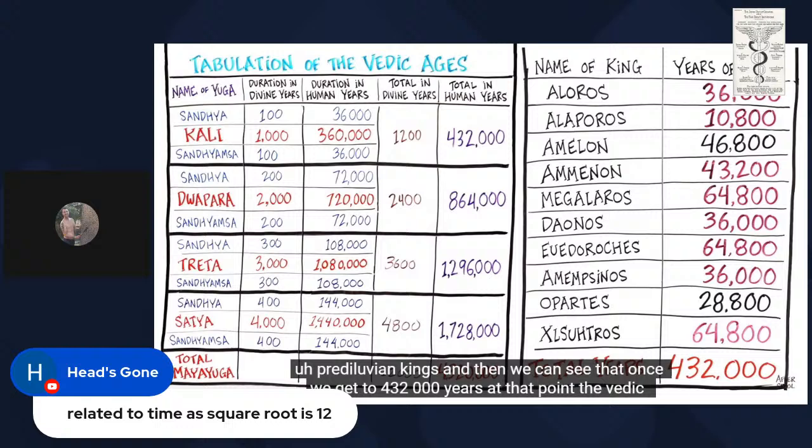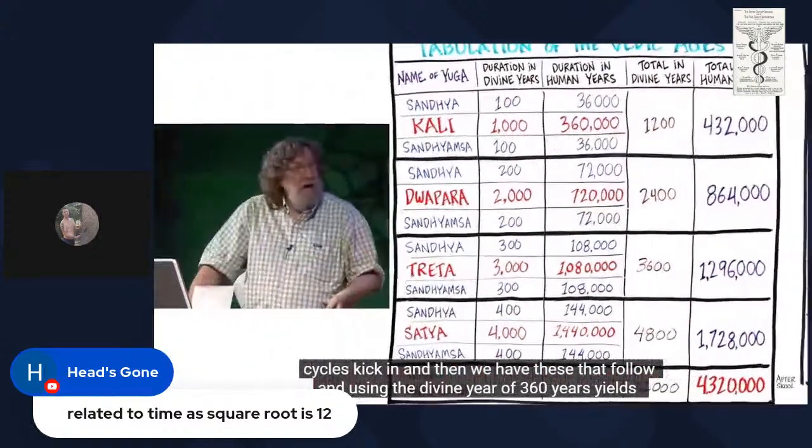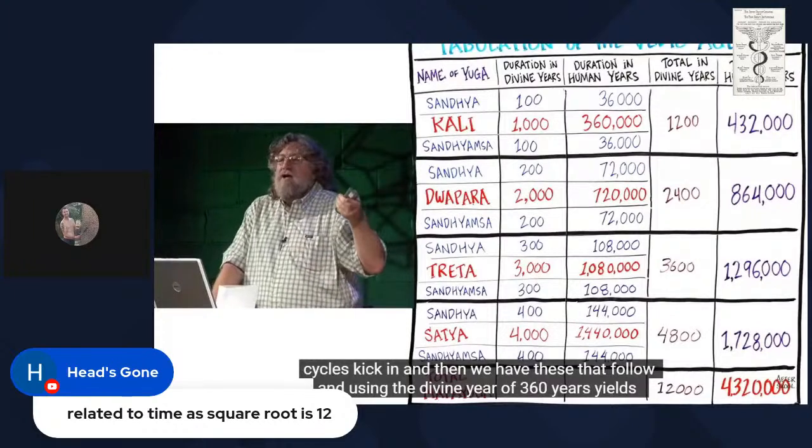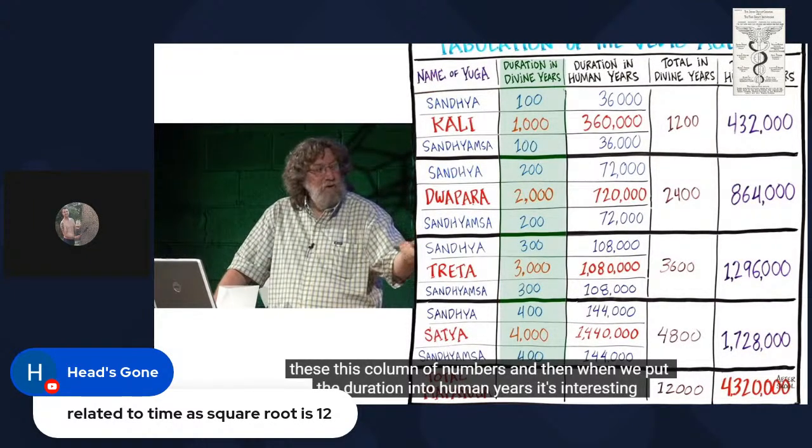Then once we get to 432,000 years, the Vedic cycles kick in, and we have these that follow. Using the divine year of 360 years yields this column of numbers.